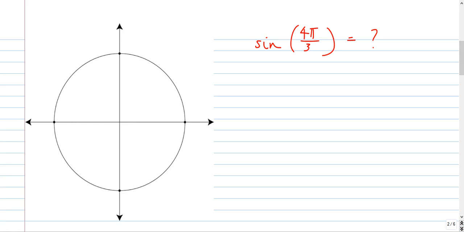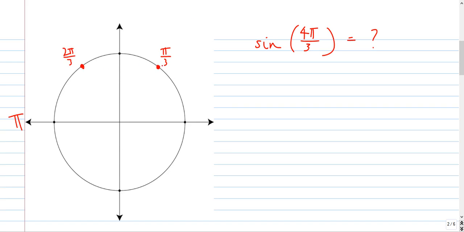First one is, let's say we're asked what sine 4 pi on 3 is. So firstly we need to work out where 4 pi on 3 is in the unit circle. We know pi is half of the circle, so pi is around here. So pi on 3 is about here, that's 1 pi on 3. 2 pi on 3 is going to be over here, that's 2 lots of pi on 3.